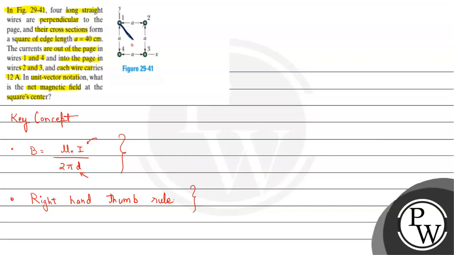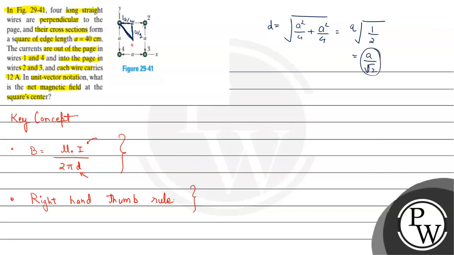This distance can be found by the Pythagoras theorem, as one side is A by 2 and the other side is A by 2. So d is equal to square root of A square by 4 plus A square by 4, which is equal to A by root 2.